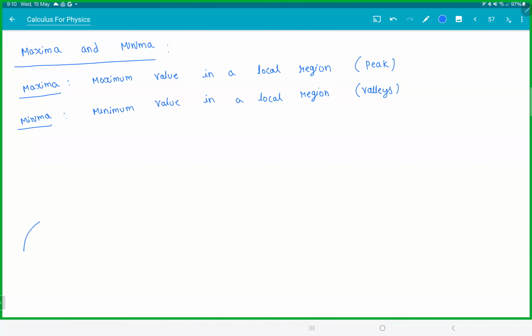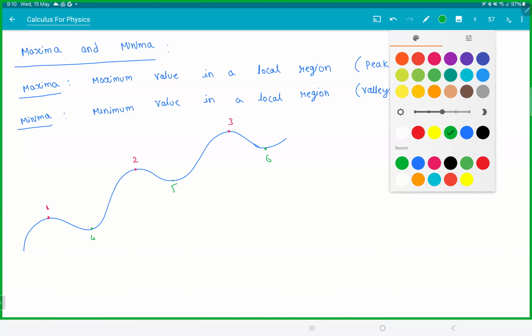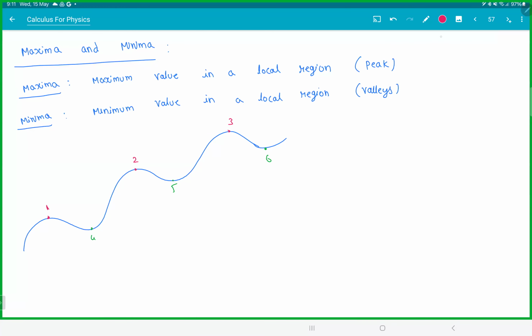Suppose you take a function like this. Every time the value peaks, 1, 2, 3, these are maximas. And let's say I take a curve like this, so this is 6. In this, 1, 2, 3 are maximas. That's what I'm saying, don't get confused. Don't think maxima means maximum. 4, 5, 6 are minimas.